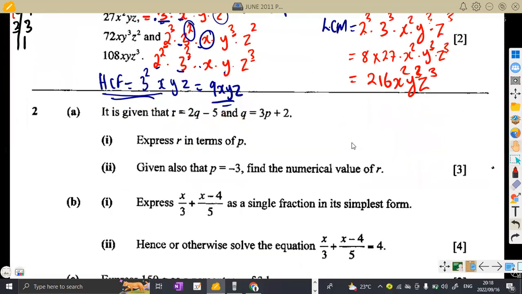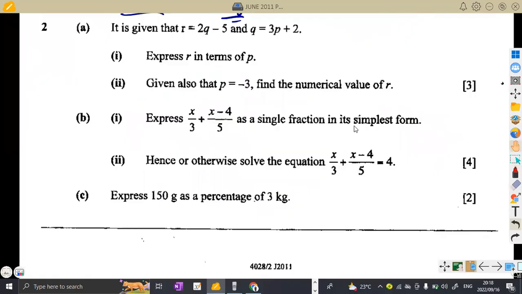Okay, let's see number 2. On number 2, it is given that R is equal to 2Q minus 5, and Q is equivalent to 3P plus 2. Express R in terms of P. All right, so if you cross-check the expression that we are given here, it's of R in terms of Q, not in terms of P. So for us to have R in terms of P, we are supposed to substitute Q, because Q is the one that carries P here.